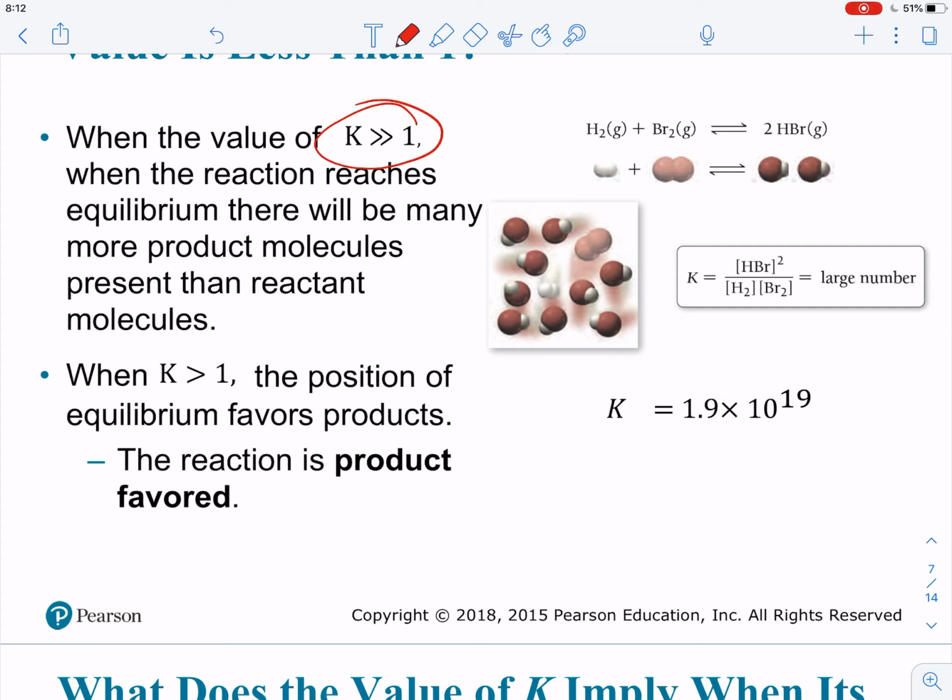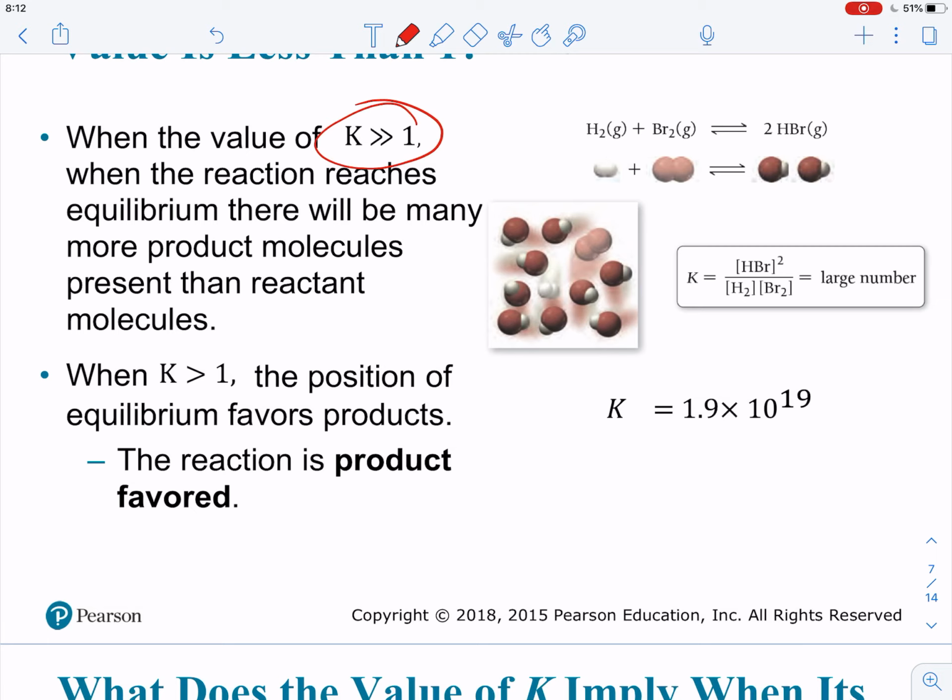In this case, we use 1 as a cutoff. It's gonna make more sense later on. But if the value of the constant is really large, then it means you will have a higher concentration of products than what you have of reactants.